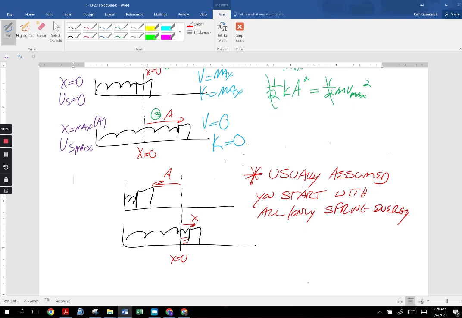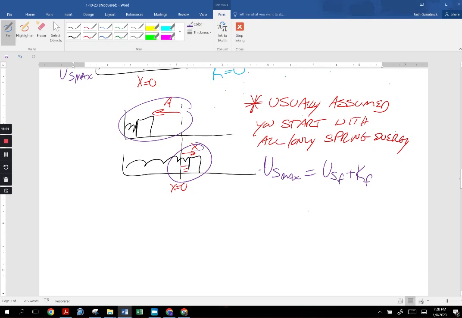But either way, doing a little math here, this is our initial condition, so it's all spring energy, a maximum. And then afterwards we're here, but we have both spring and kinetic. We haven't come to a stop, and we're not at x equals 0, so we've got a little bit of both energies. No big deal.